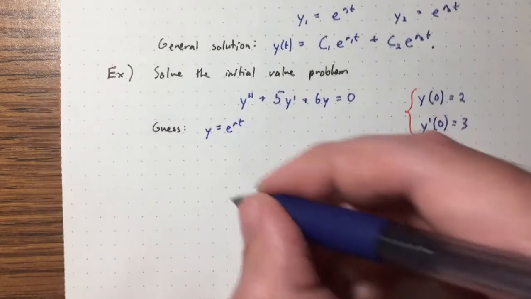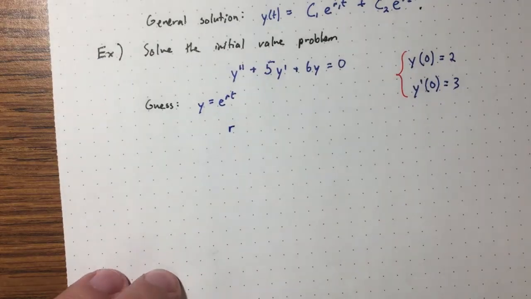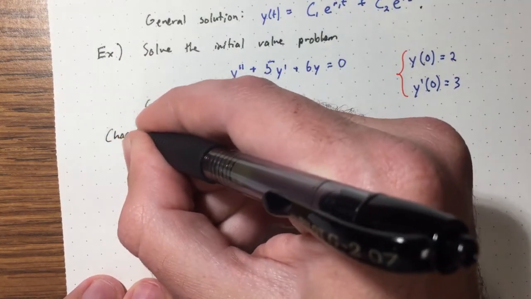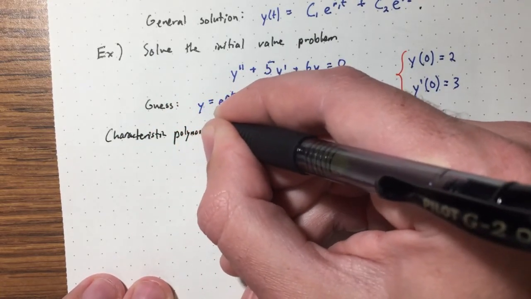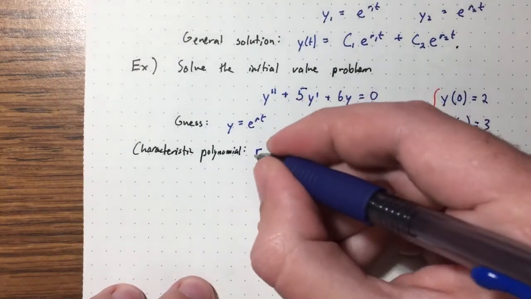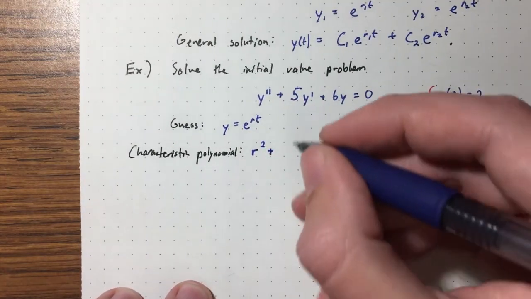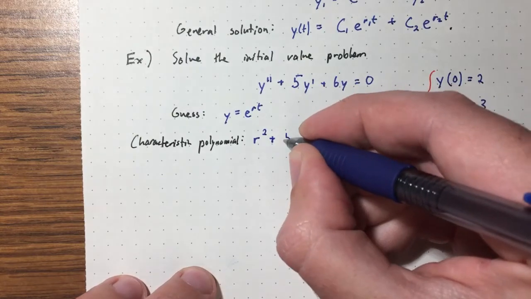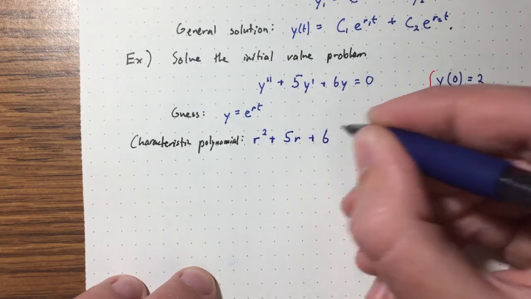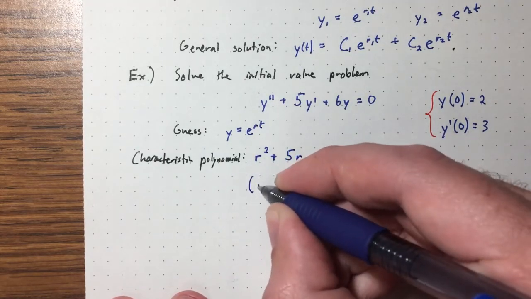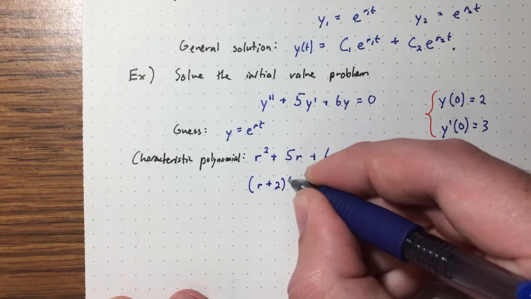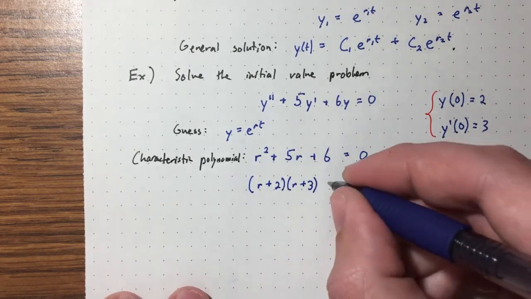So what was our characteristic polynomial? R squared plus ar plus b, so it would be r squared plus 5r plus 6 equals 0. This quadratic we can factor, so it's r plus 2, r plus 3 equals 0.